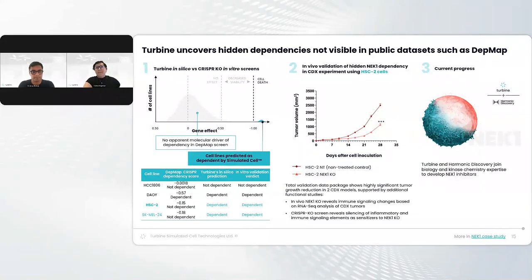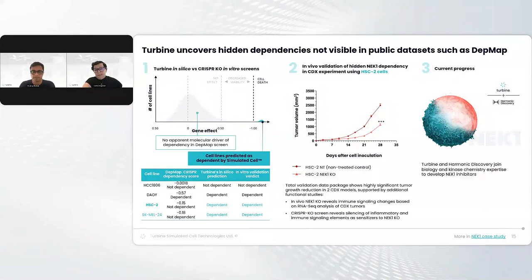So at the time when we were running this study, NEC1 was very new, and you can see here that for several cell lines that we actually took to wet lab validation, even with lacking DepMap data, we could validate the context-specific dependency on NEC1 inhibition.